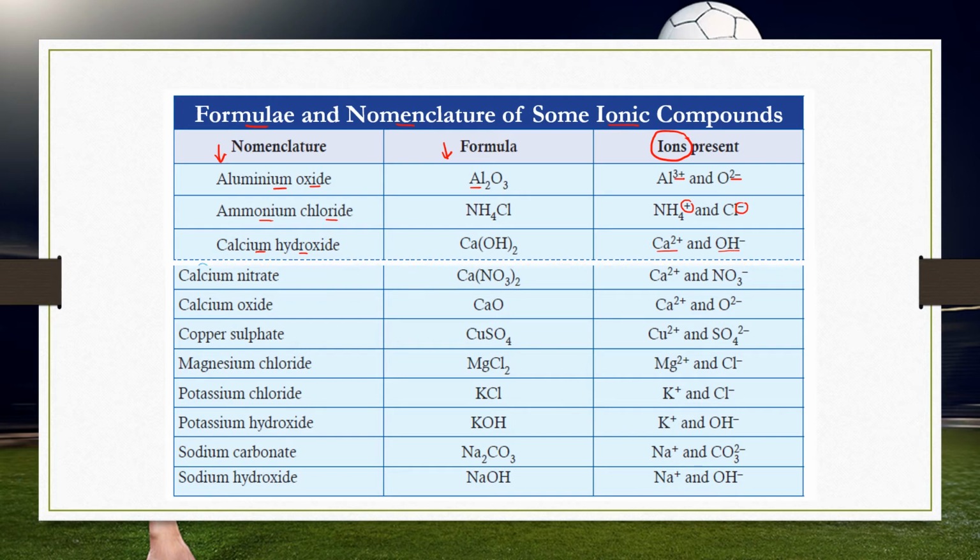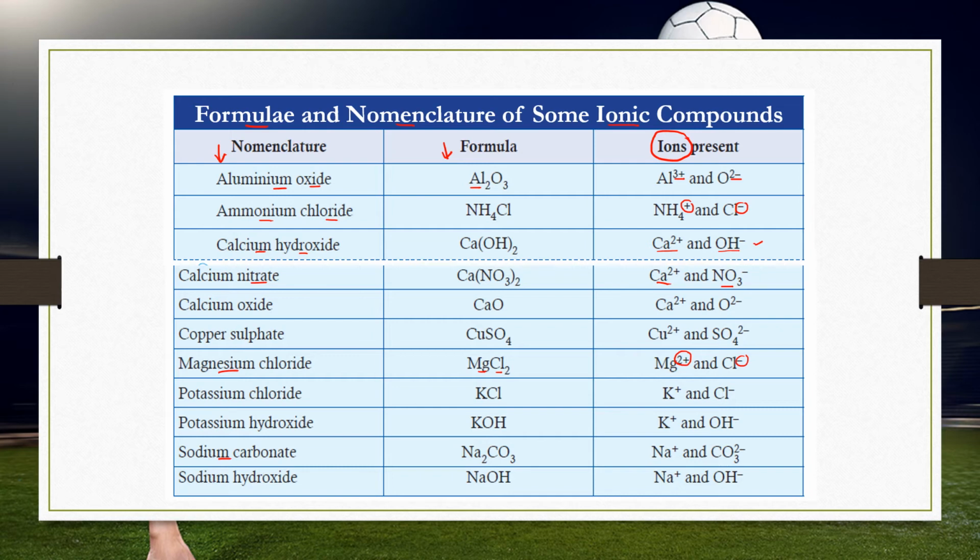So here we have our first radical. Some other compounds, we have calcium nitrate containing calcium ions and nitrate ions. We have magnesium chloride containing magnesium and chlorine, but in solution form, the ions present will be magnesium ions and chloride ions. And then lastly, we can have a look at sodium carbonate.